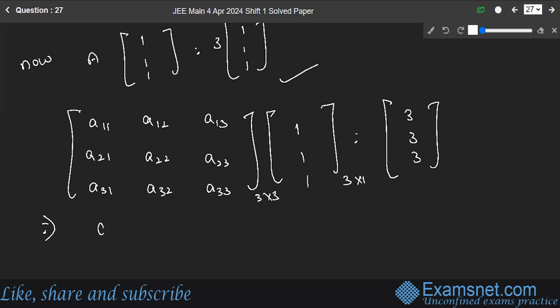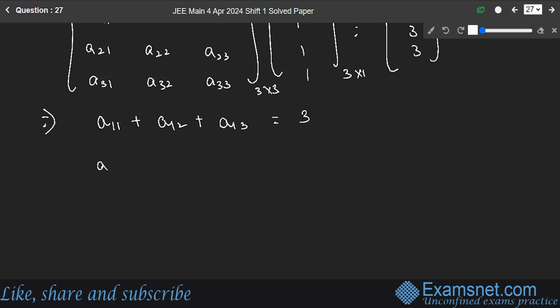This will give me a11 plus a12 plus a13, and this is equal to 3. Similarly, a21 plus a22 plus a23, and a31 plus a32 plus a33. All of them are equal to 3.